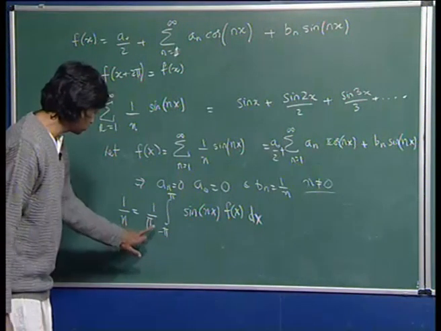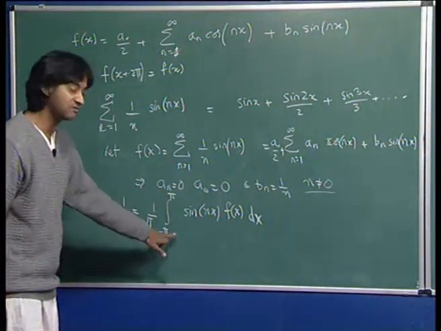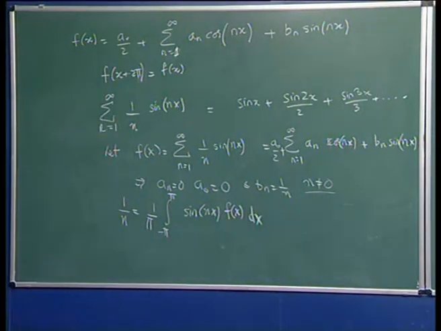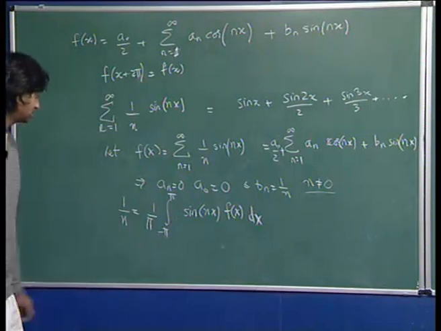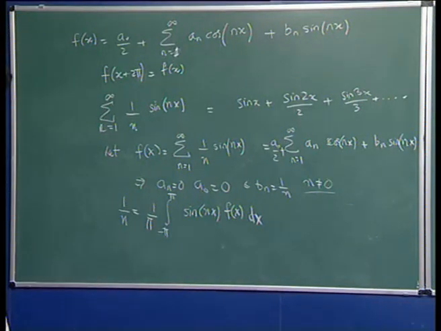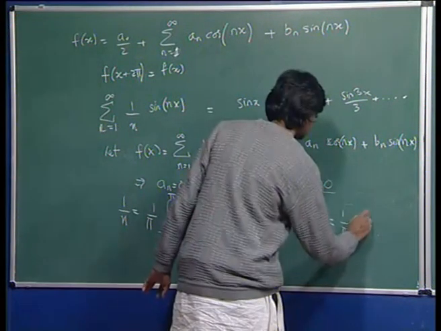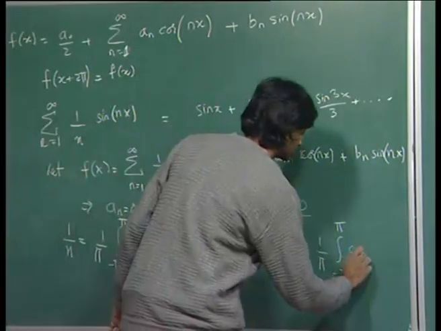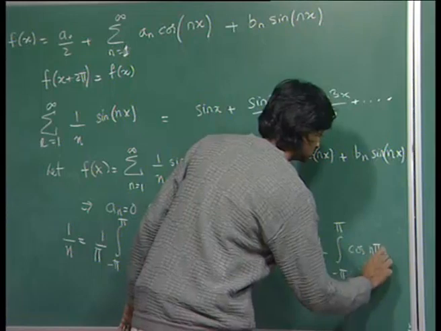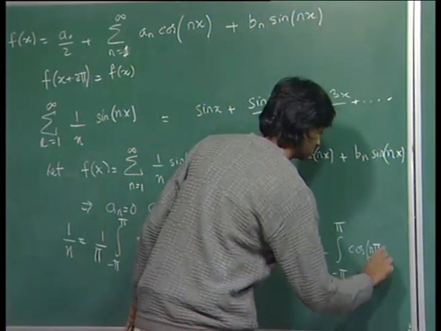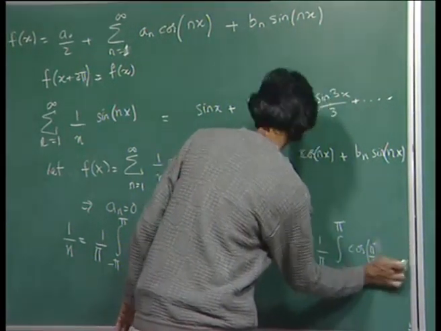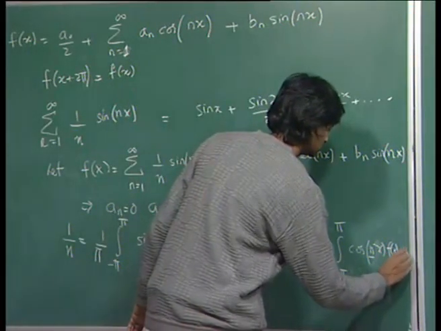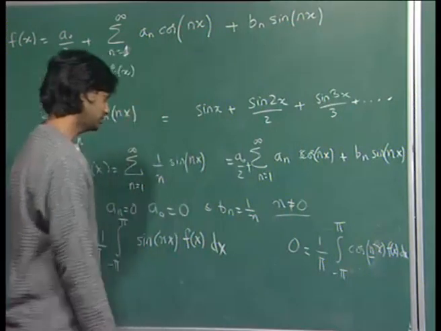Okay. So, what you need is that the value of this integral should be 1 over n, and also you should have 1 over pi integral from minus pi to pi of cosine(nx) f(x) dx equal to 0.